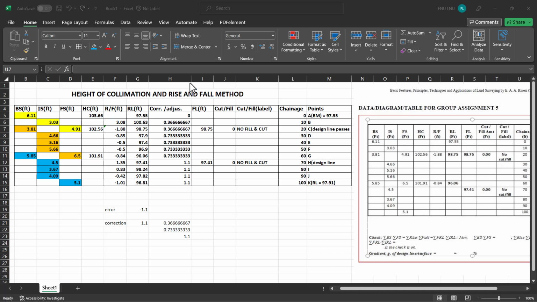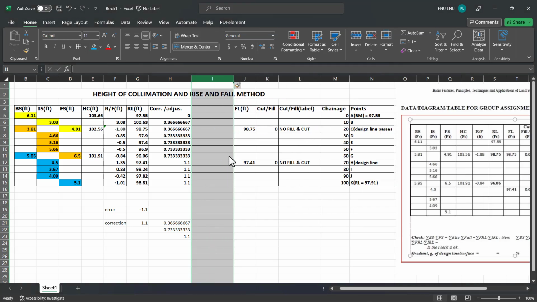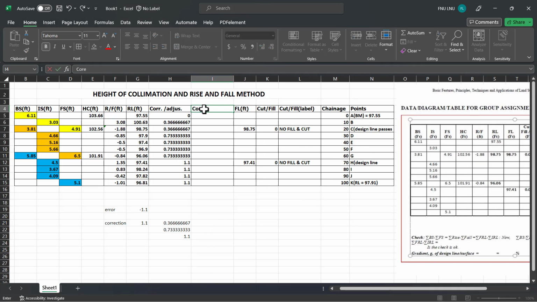Now let's try and add another column for the corrected reduced levels. So this one will be the corrected reduced levels. So we'll be adding this one to this ones. So equals to this one plus this.